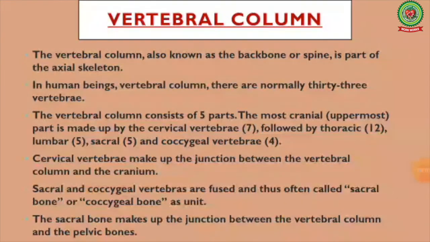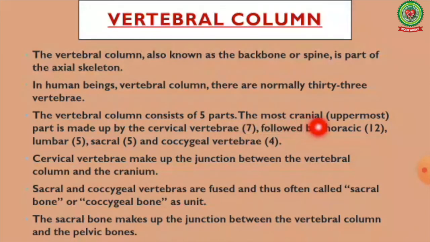Next we are discussing the vertebral column. The vertebral column, also known as the backbone or spine, is part of the axial skeleton. In human beings, there are normally 33 vertebrae. The vertebral column consists of 5 parts.